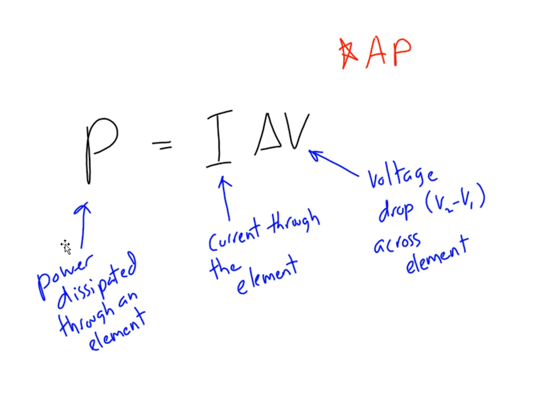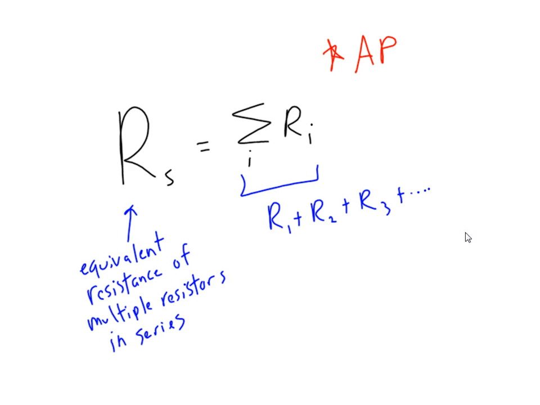The power that is dissipated through an element, maybe a light bulb or a resistor, is equal to the current that goes through it times the voltage drop, or the change in voltage, across that element. Then the equivalent resistance: if you have a bunch of resistors in series, you can simplify by summing up all of their individual resistances, so R1 plus R2 plus R3.